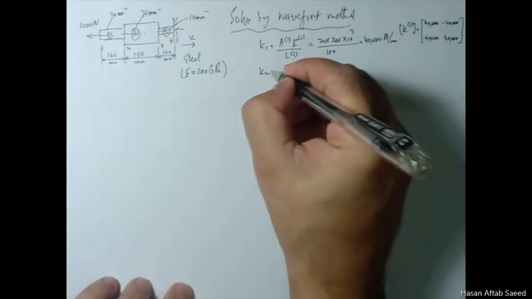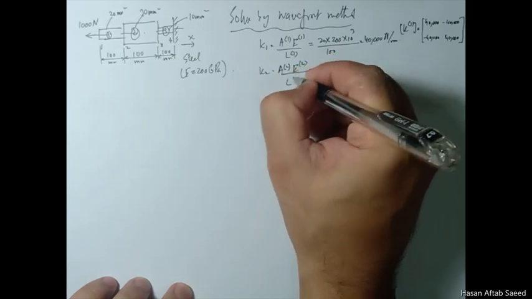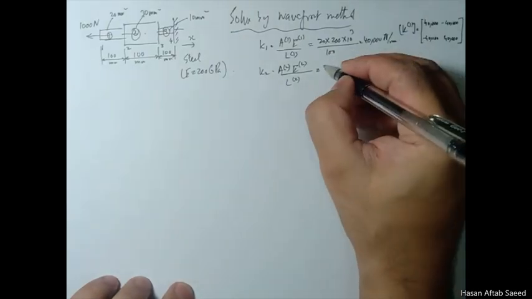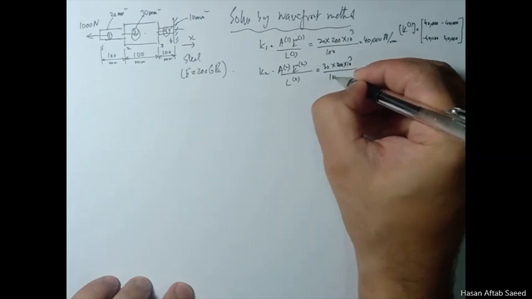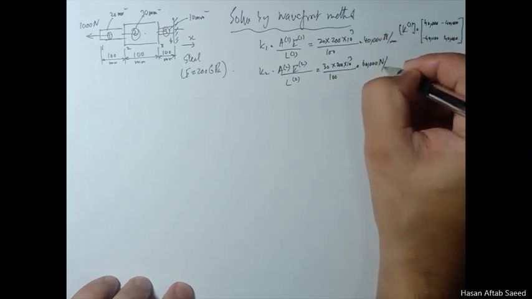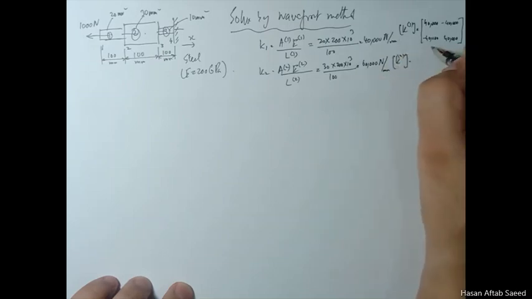Now K2, A2 E2 over L2, E and L happen to be the same. 10 into 300 over 50, this is 60,000 Newton per millimeter. That is, K2 will be 60,000, minus 60,000, minus 60,000 and then 60,000.